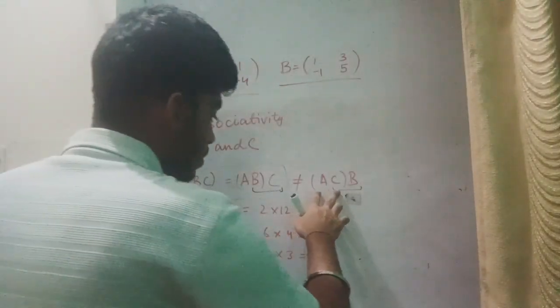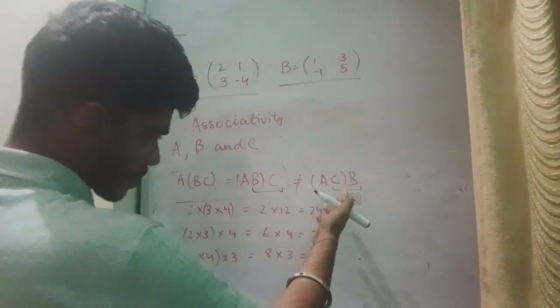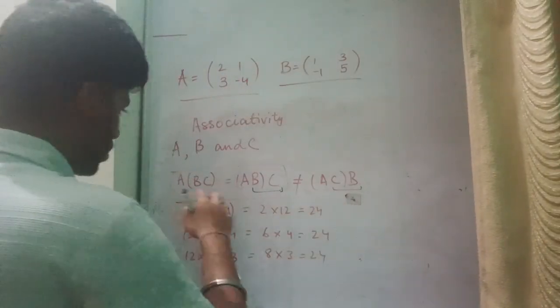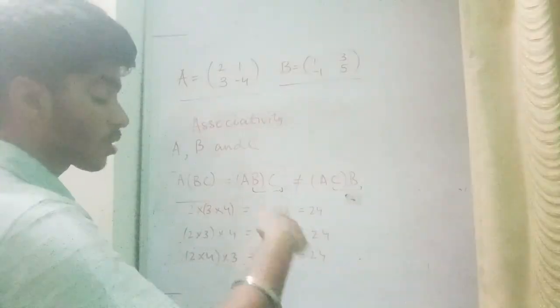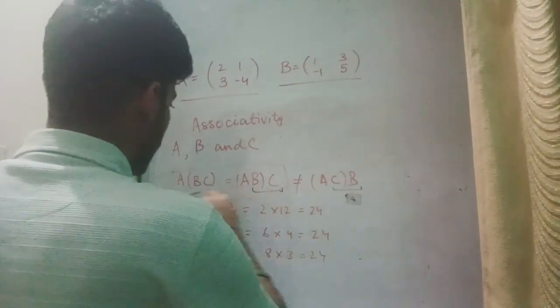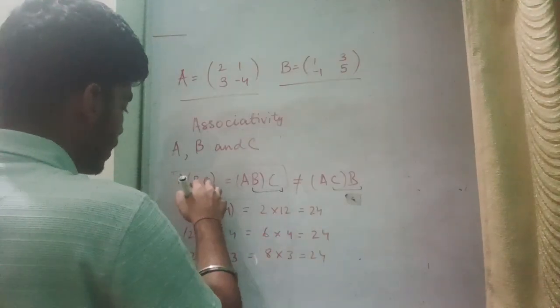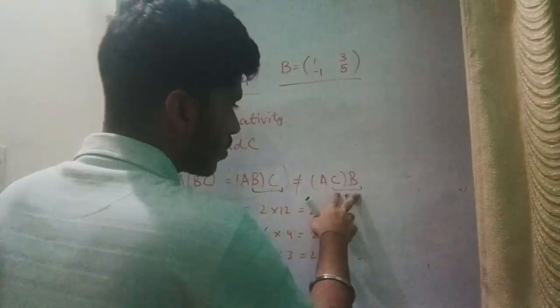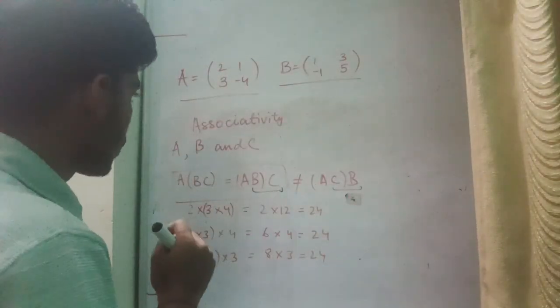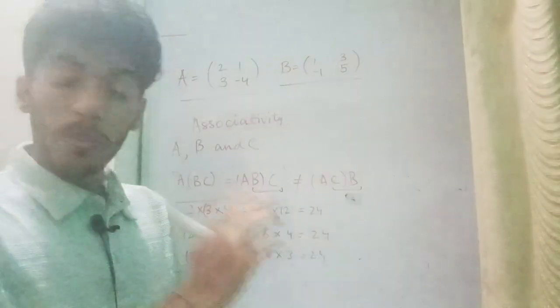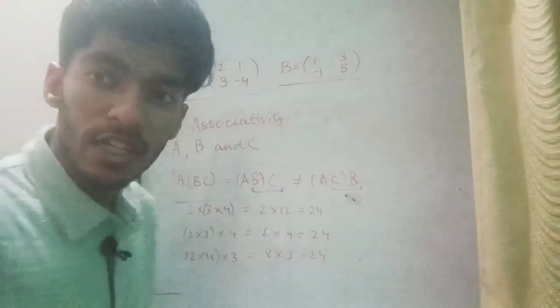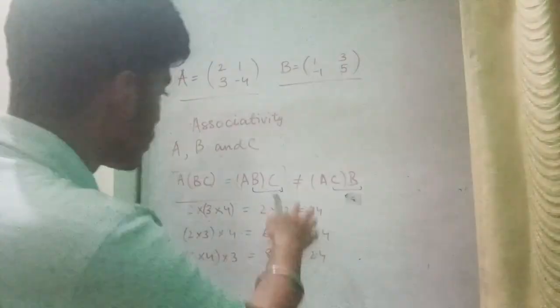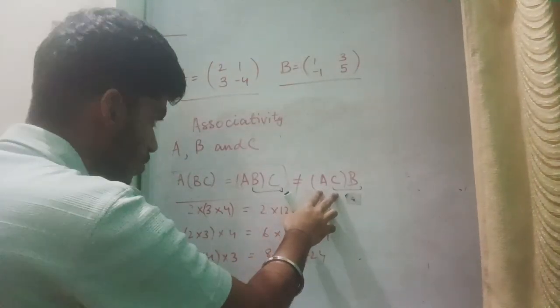So it's not always true that A times B times C, or A times B inside brackets times C, will be equal to this thing, right? It's because of commutativity, which is not usually true in the case of matrix multiplication, that this property will also not be true.